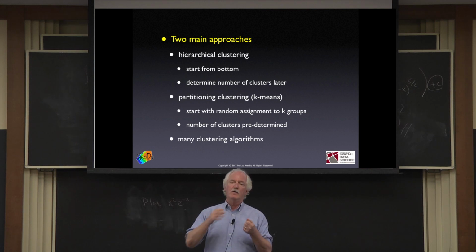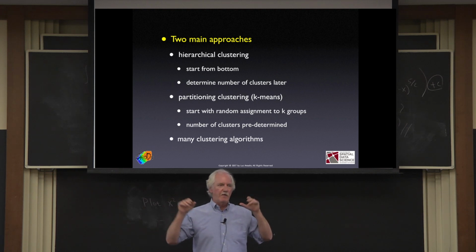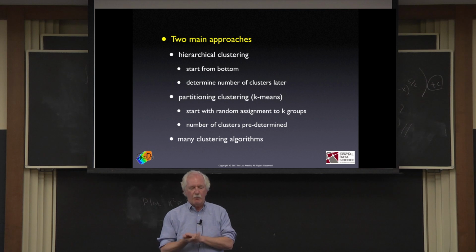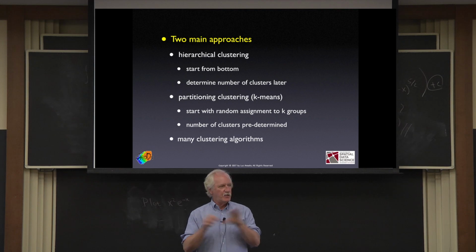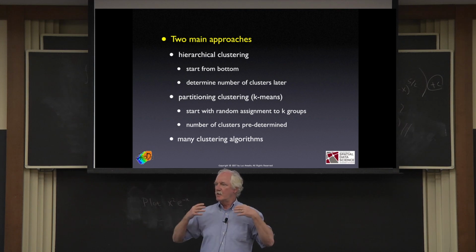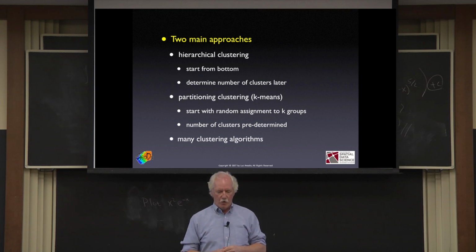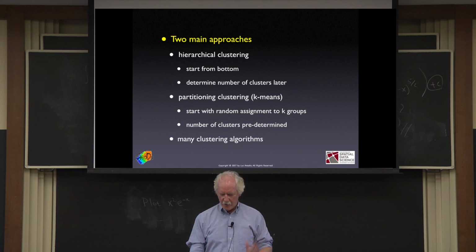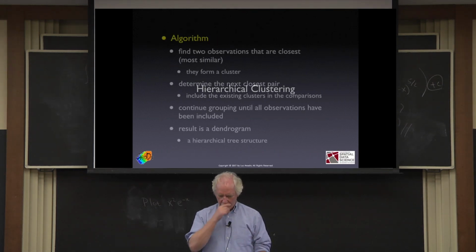If it's better, you keep it in group 1, and then you keep going. The whole mathematical problem is to come up with good heuristics, good algorithms to move from the initial random assignment to an assignment that is near optimal, or hopefully optimal. There are many different ways to do this. Let me start with hierarchical.